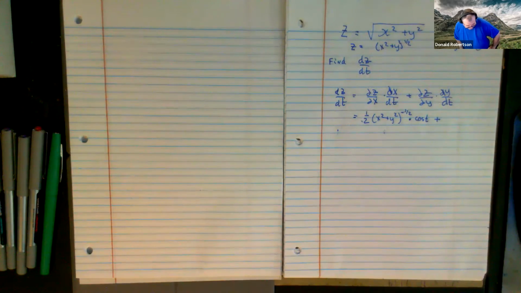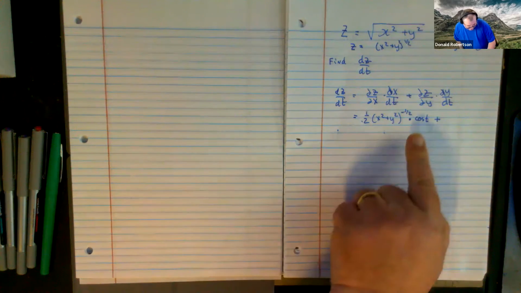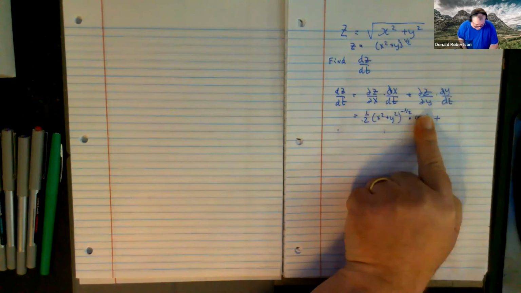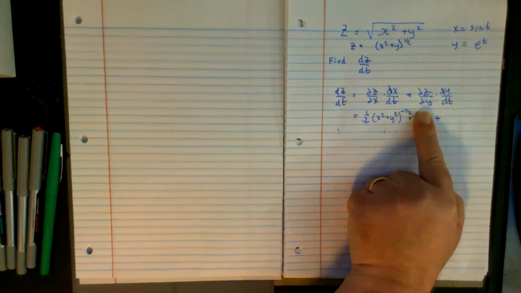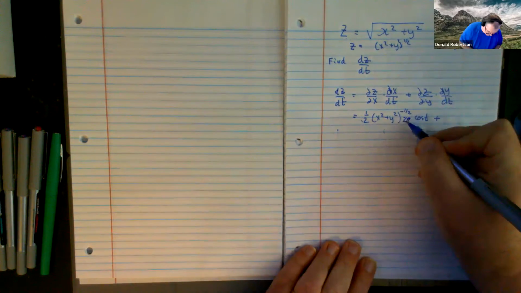Then you would multiply it by the derivative of x with respect to t. So in this case, it's cosine t. And then you add, oh, guess who forgot something, but caught myself. That is not the full answer to the derivative of this. What did I go and miss? You forgot the 2x. There we go.